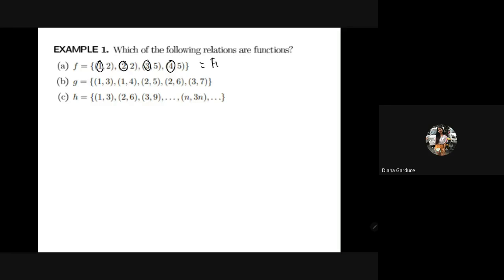So this is a function. Number two, which is letter B, our x coordinate there is not unique kasi naulit yung 2. This is not a function. For number three, or letter C, our x coordinates are 1, 2, 3, 4, 5, 6, meaning unique siya, walang naulit. Then letter C is also a function.